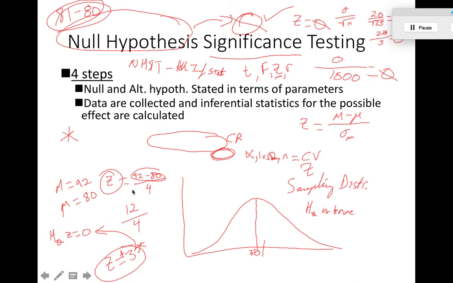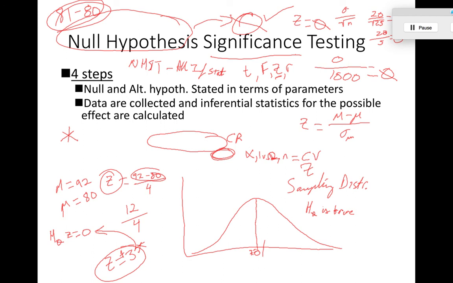Using that strategy apparently does help them perform better than individuals who are not given that strategy. Because individuals who were not given that strategy gave us a population average equal to an 80. Once we give individuals that strategy, they now give us a sample mean of 92. That difference is extreme. That difference is now significant.